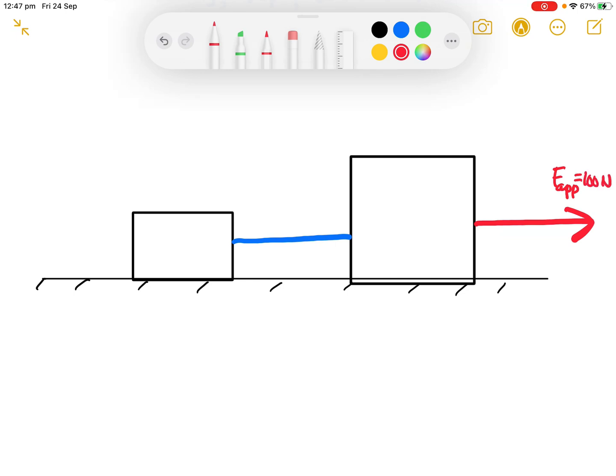Let's make it 100 newtons. Let's make M1 be 0.2 kilograms. And let's make mass 2, the bigger one, be 0.6 kilograms.